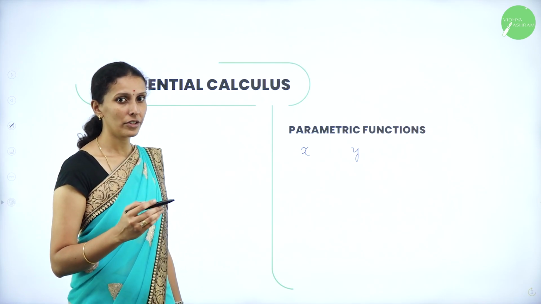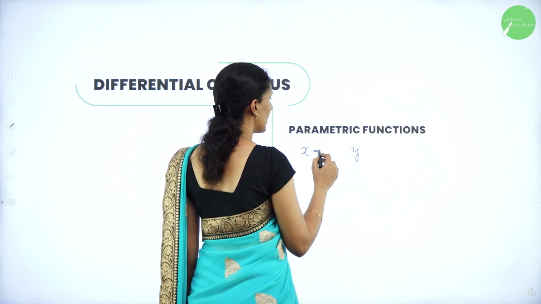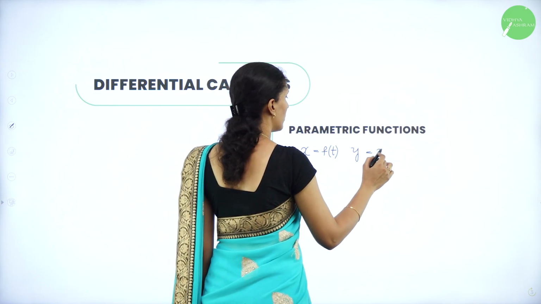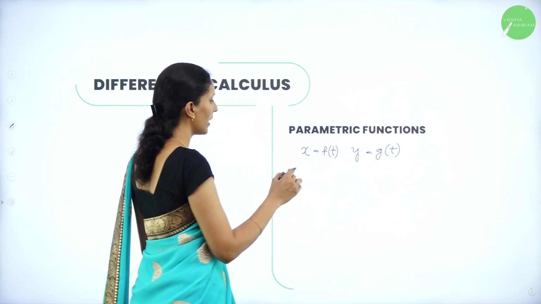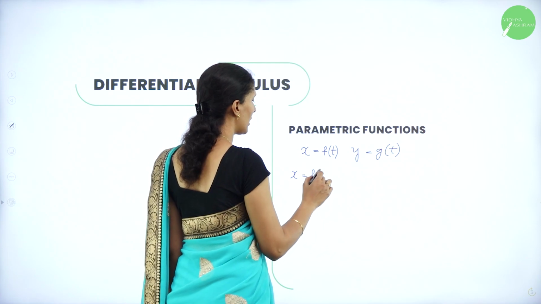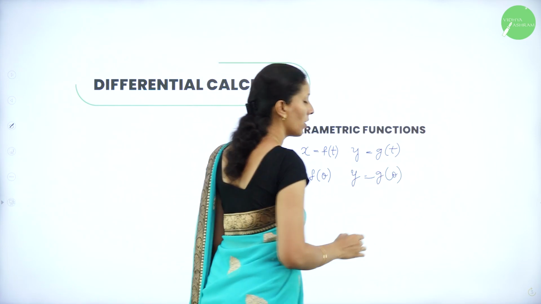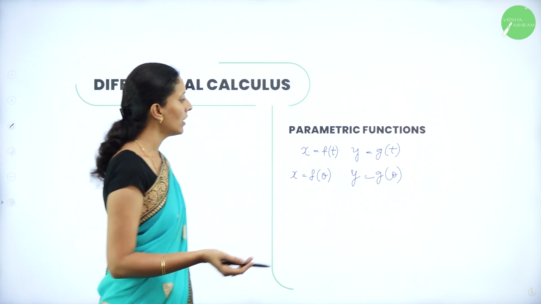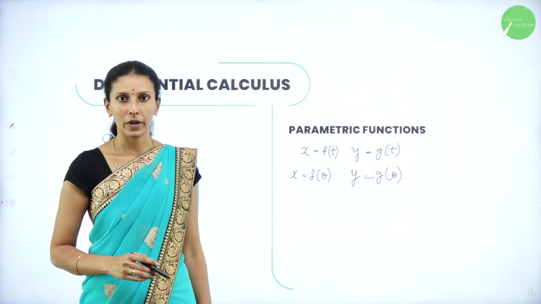A parametric function means here both x and y are expressed in some t or any variable with a common variable, or you can take x is equal to f of theta and y is equal to g of theta. Both x and y variables are expressed in some other parameter called t or theta or any other variable you can take.